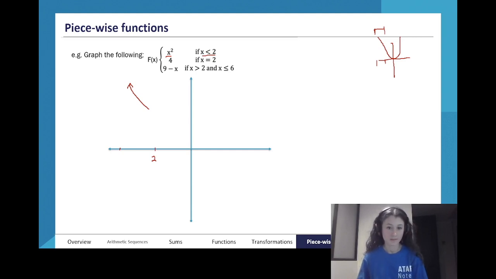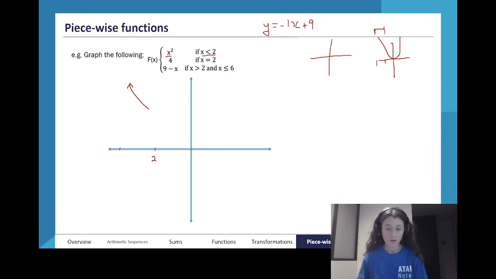And if x is greater than 2 and less than or equal to 6, then we are going to have 9 minus x. Drawing this off to the side, 9 minus x is going to be a function with a gradient of -1 and a y-intercept of 9.